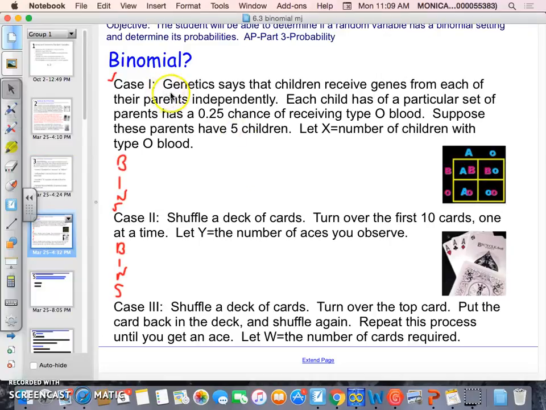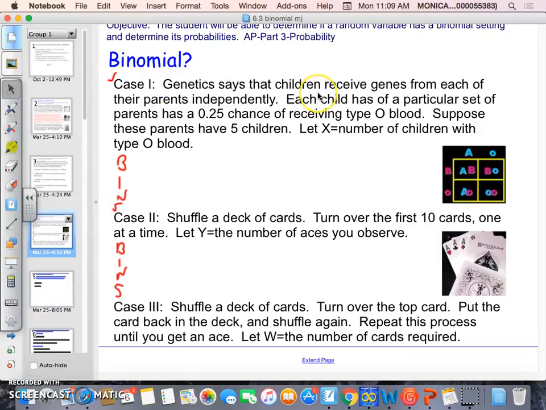In case 1, it says genetics says that children receive genes from each of their parents independently. Each child has a particular set of parents and has a 25% chance of receiving type O blood. Suppose these parents have 5 children, and let X equal the number with type O blood. In this case, your binary is type O or not type O, right?